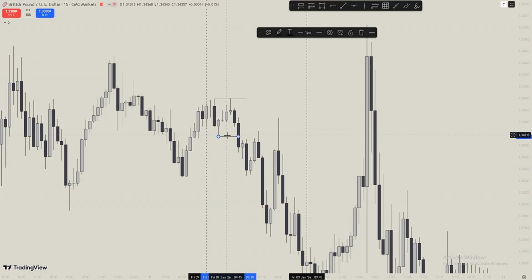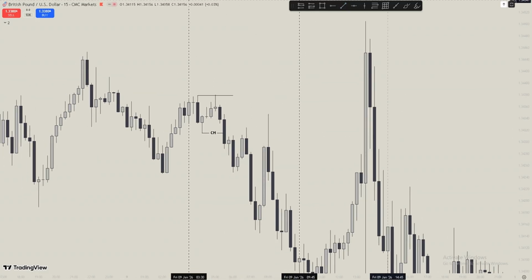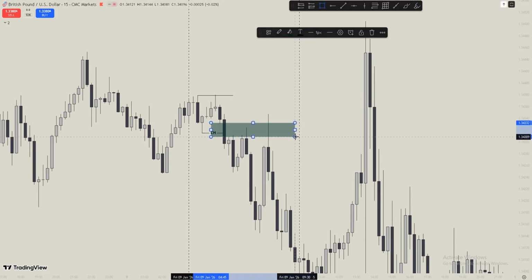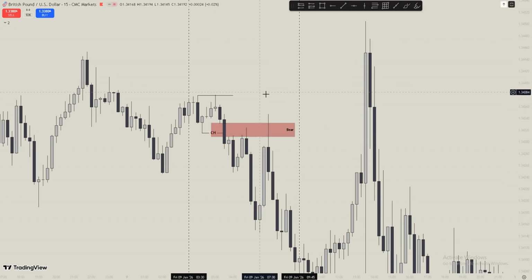Also there was a change of character there, and after the next candle there is a bearish fair value gap. So let's draw the fair value gap really quick.